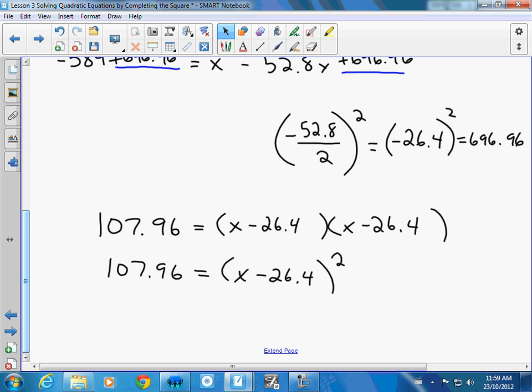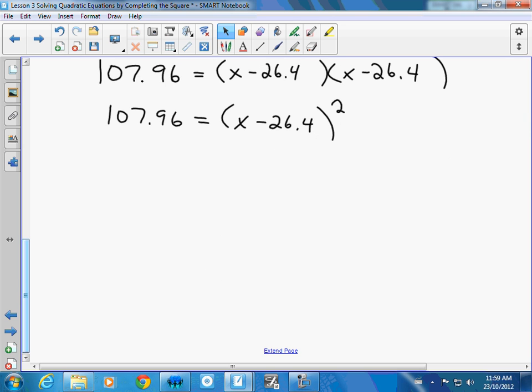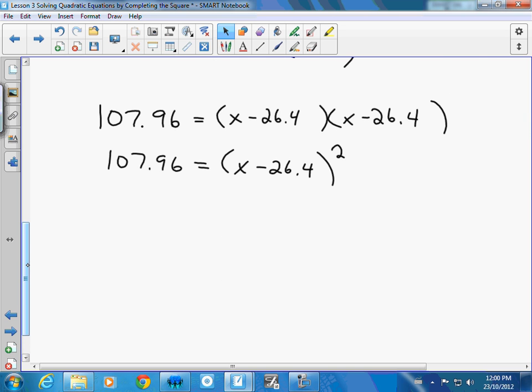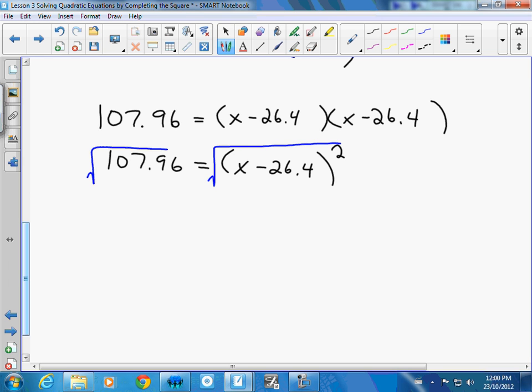Okay, how do we solve this now? One side? Both sides? What do you do? Both sides. Square root? Square root. Okay. So we end up with, now, better way, am I gonna take the square root of 107.96, or am I gonna do that as my final calculation? Final calculation.